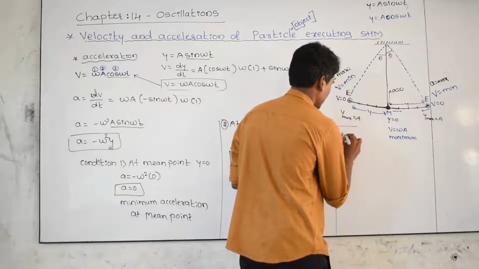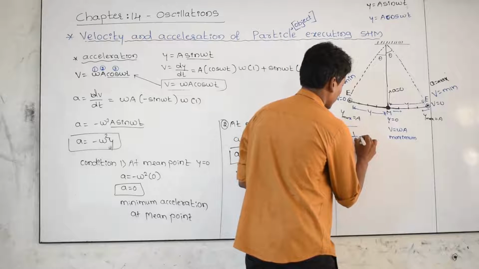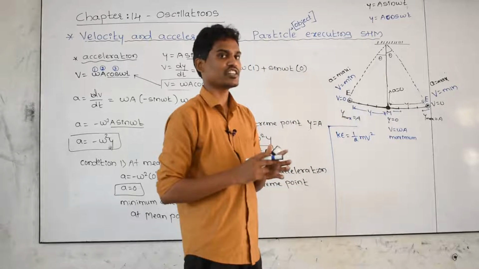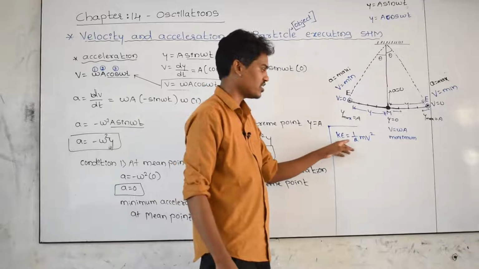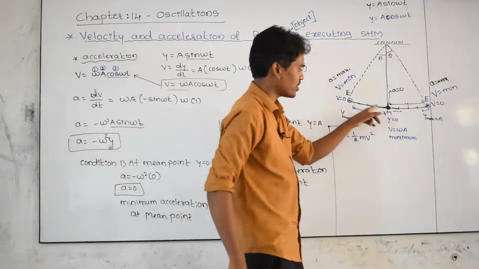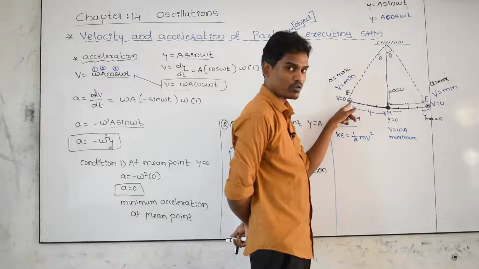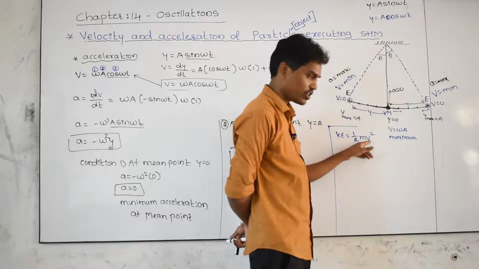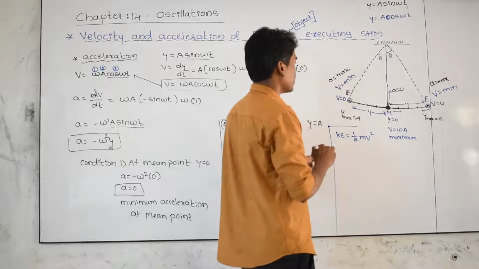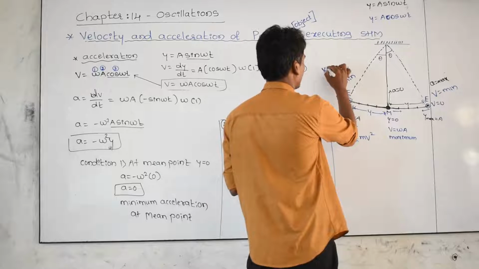Kinetic energy is equal to 1 by 2 mv square. Whenever the object is in motion, the energy it possesses is kinetic energy, which can be found out by using this formula. Whenever the object is at this point, velocity is equal to 0. Substitute 0, then everything becomes 0, so the kinetic energy of the particle at this point is 0.